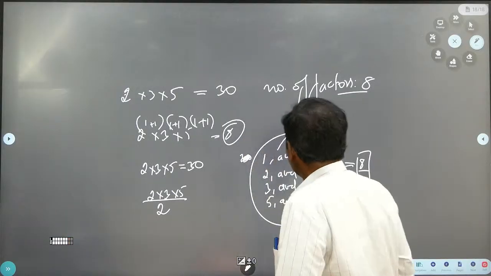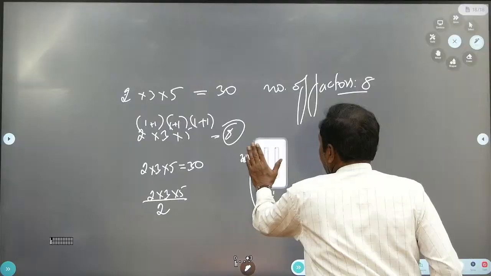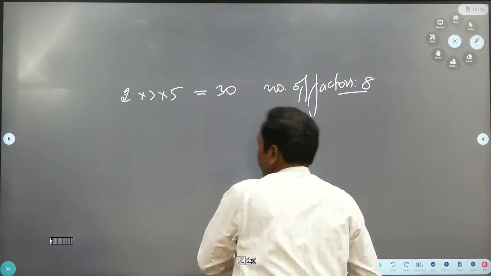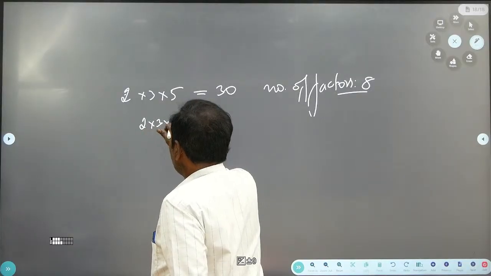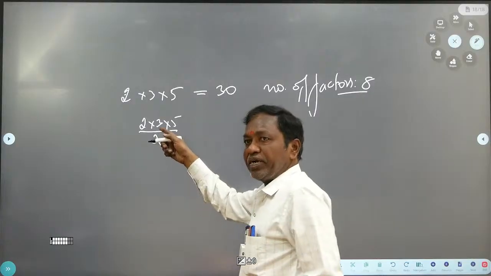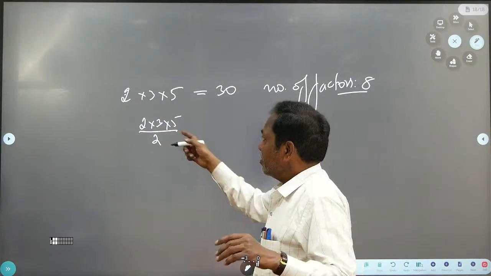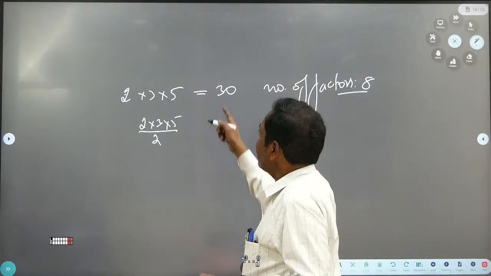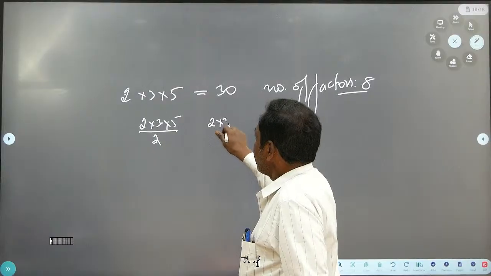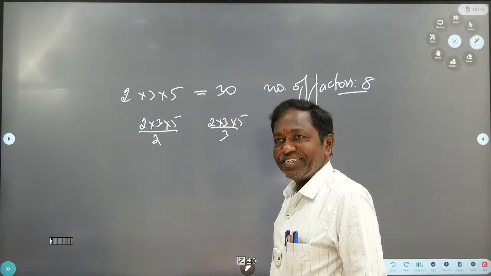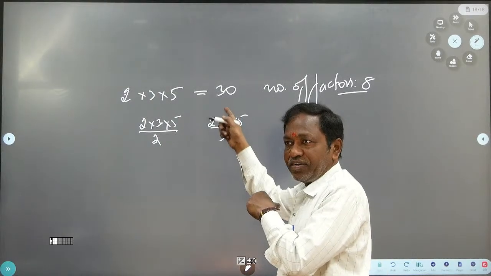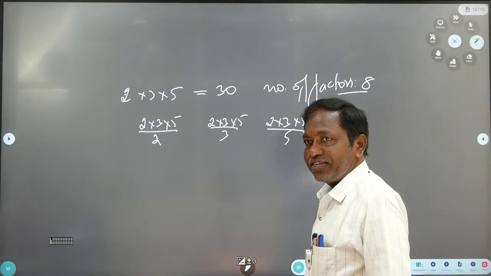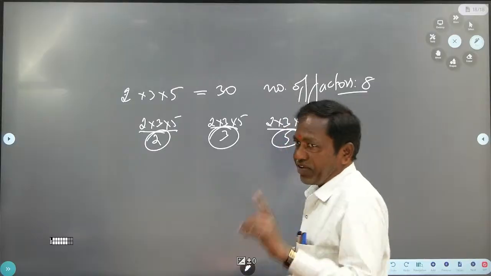Again, 2 into 3 into 5 by 3 is also possible, because it is a multiple of 3, so divisible by 3, and 2 into 3 into 5 by 5, yes. Already you have 3 factors, right?